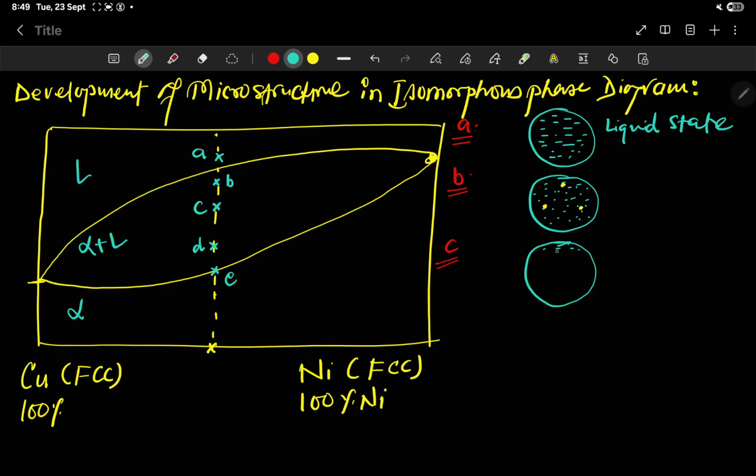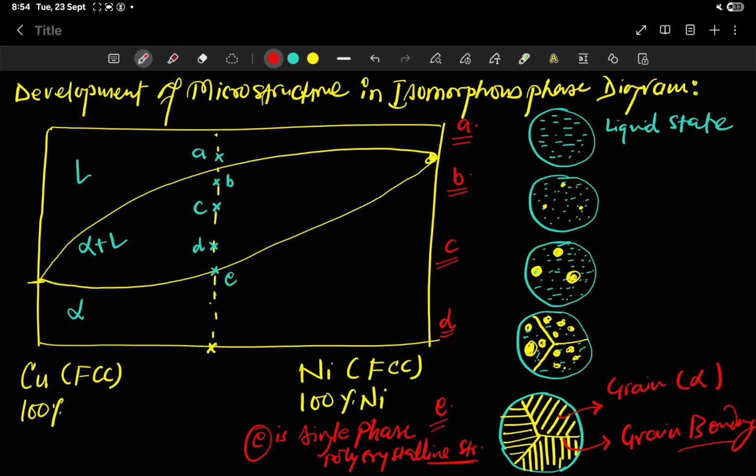Okay, so let's see what is happening at point C. At point C we will still have liquid phase here. So guys, I hope you can see from here we have points A, B, C, D, E, and we are going to draw what the microstructure is at different points.